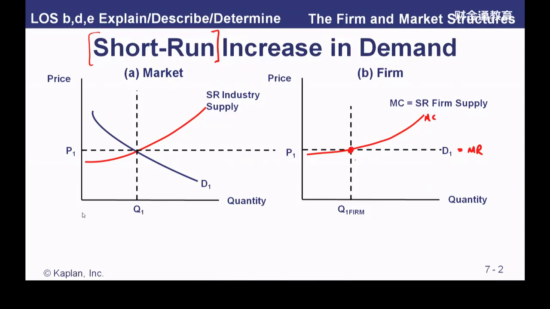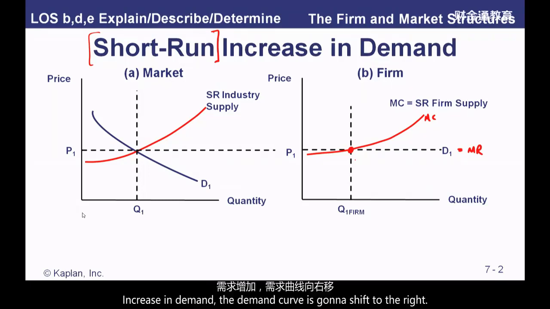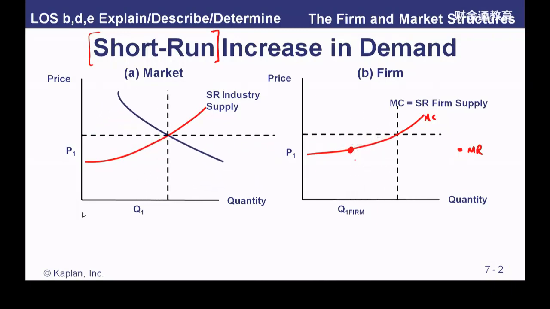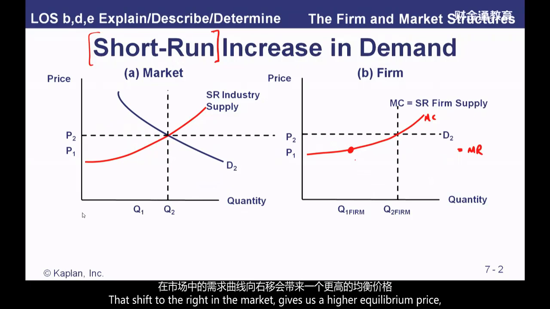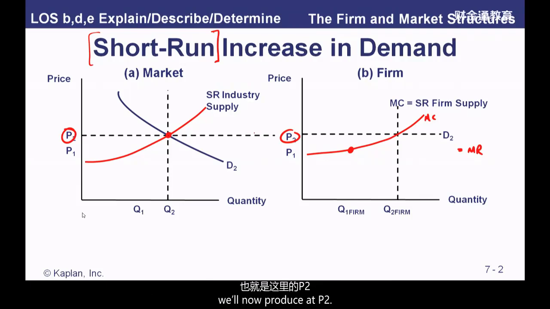All standard. What happens if there's an increase in demand? Well, use this to revise microeconomics. Increase in demand, the demand curve is going to shift to the right. That shift to the right in the market gives us a higher equilibrium price. We'll now produce at P2. What does that mean for the individual firm?